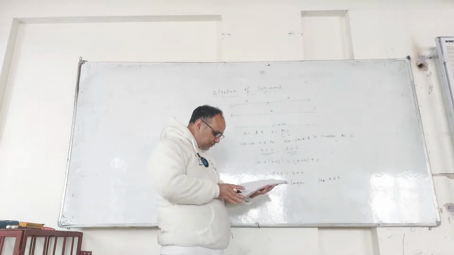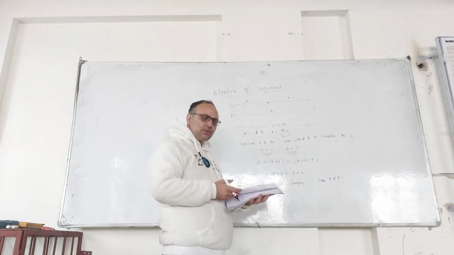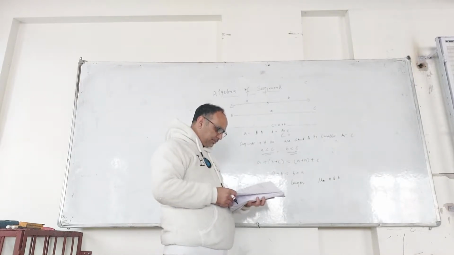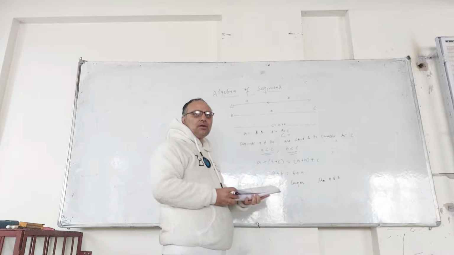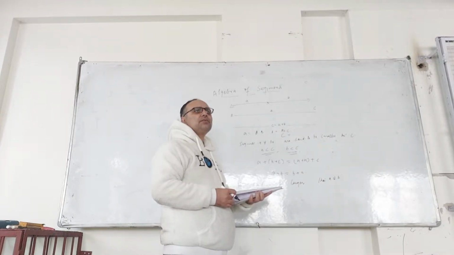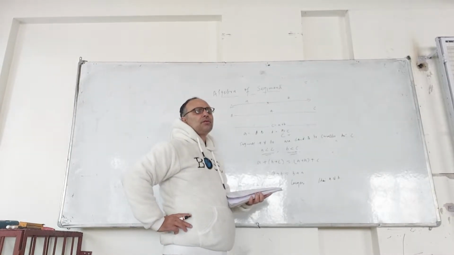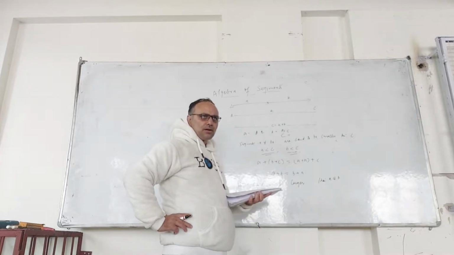Even here there is an assumption that we can compare these numbers or these segments. That is an assumption, that we are comparing these line segments. That already means we are taking it as relevant that we can compare them.